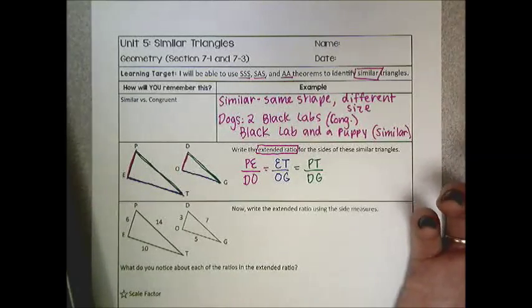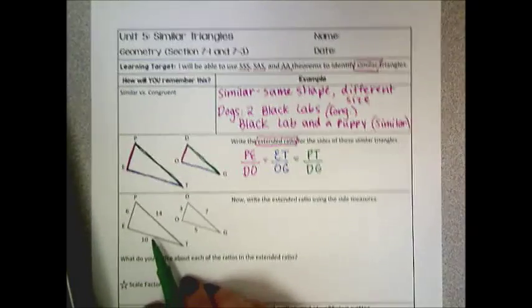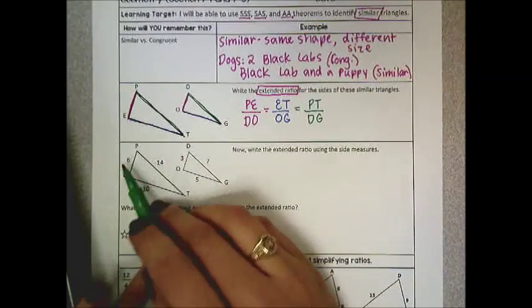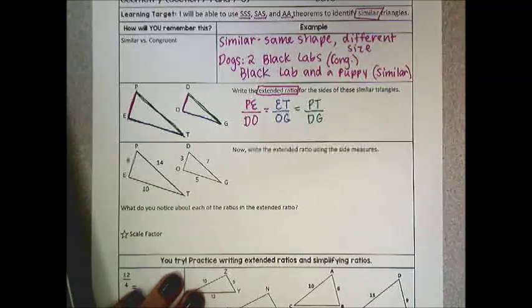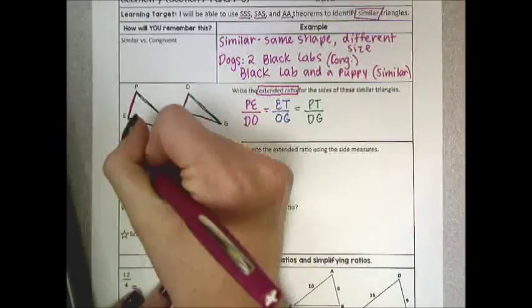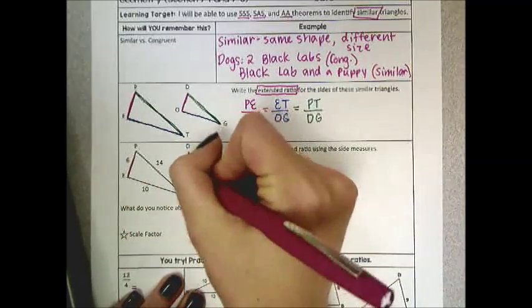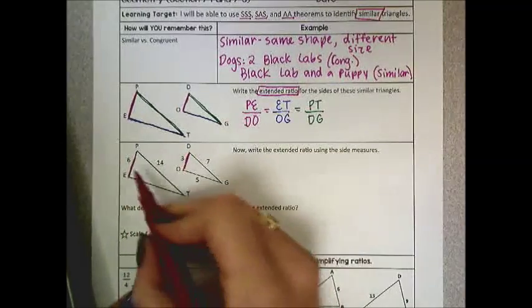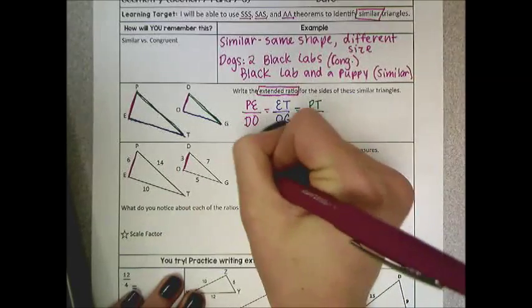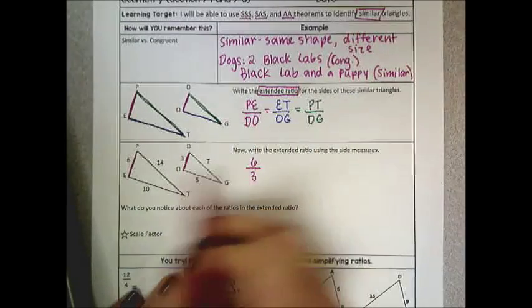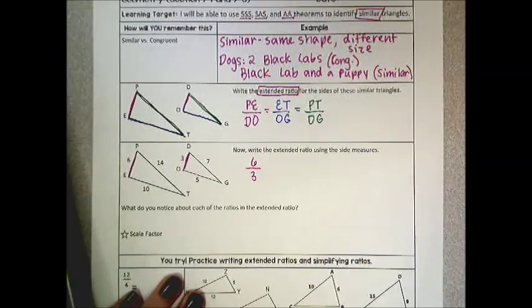Now, if we look at those same triangles right here, but with some numbers for the side measures, we can write our ratio again. Again, I had PE and DO, but instead I'm going to write the numbers. So I have 6 over 3, PE over DO.